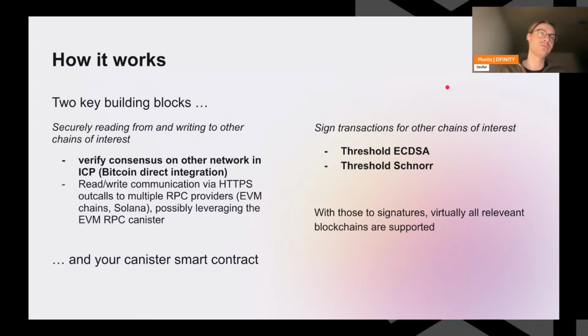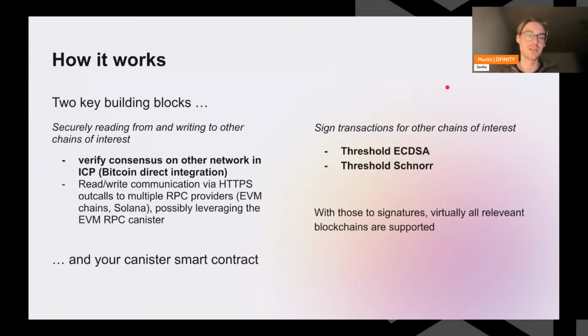And in the case of other EVM chains, we don't have this direct integration. This will become a bit clearer throughout the presentation. What we do is we use this HTTP outcalls feature that I talked about earlier. Here, we make an HTTP outcall to a number of RPC providers for that specific chain to read state. And then we make consensus on the results that we receive from those different RPC providers, so that we do not rely on a single RPC provider that might become faulty or malicious.